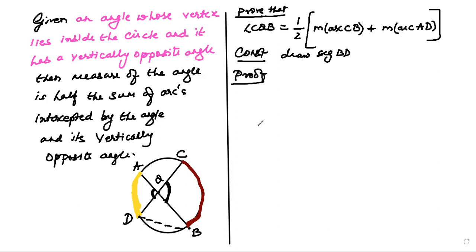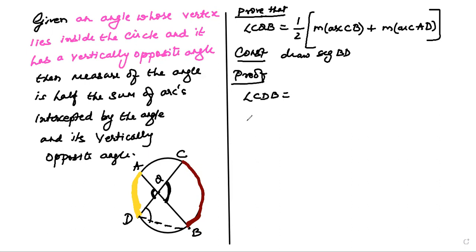I want half arc CB. How can I get it? So look at angle CDB. Can you see CDB is an inscribed angle? This angle CDB is an inscribed angle. What is angle CDB equal to, children?